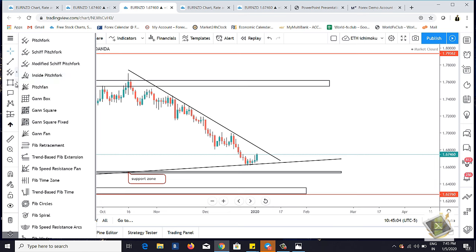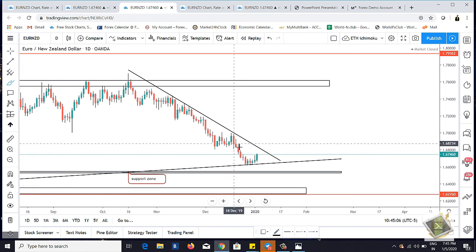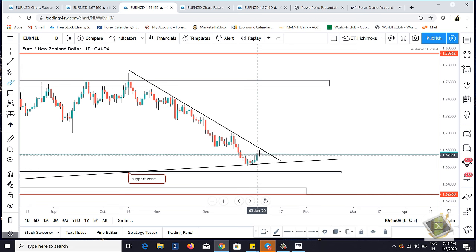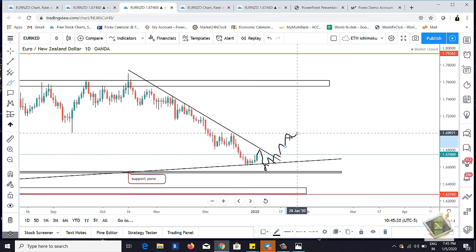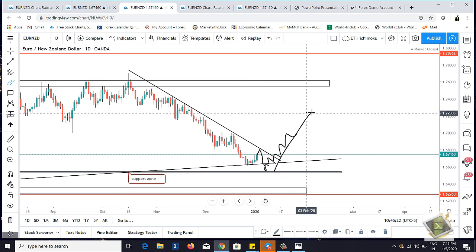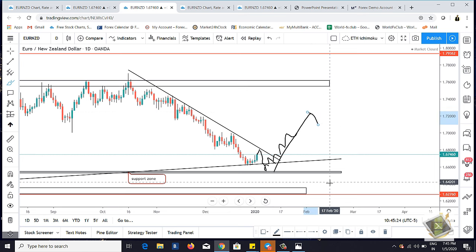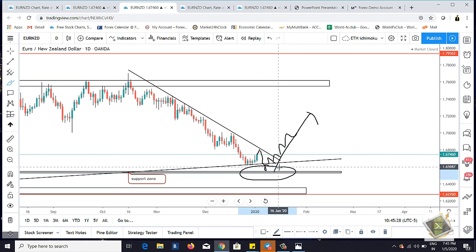I'll just try to draw it. Price will go here, then here, then from here price will go like this, like this, like this, to the upside. This can be one possible scenario, because we know that this is an important level of support.